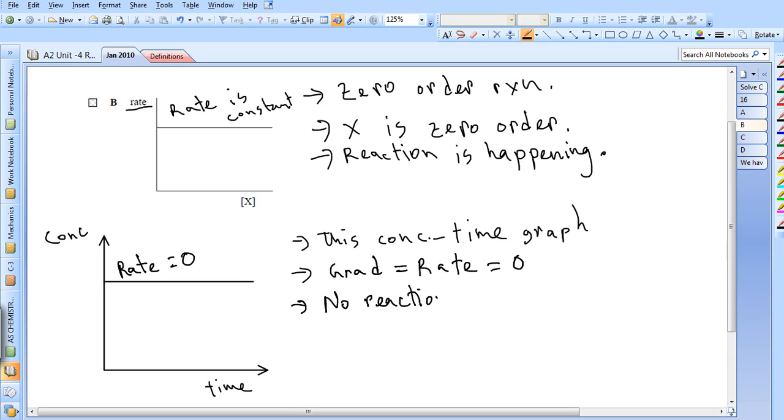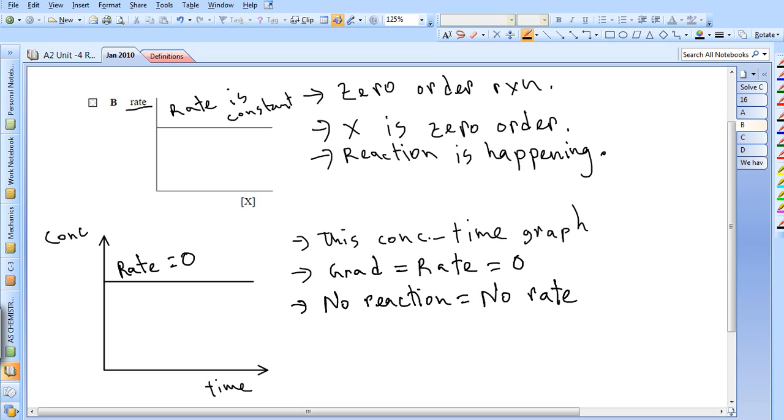Since there is no rate, there will be no reaction. No reaction, no rate. As simple as that.